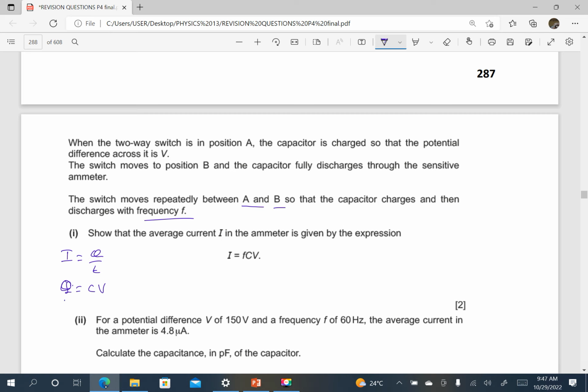And we also know that the time is going to be 1 over the frequency, which is like the period. So we now combine these three expressions.